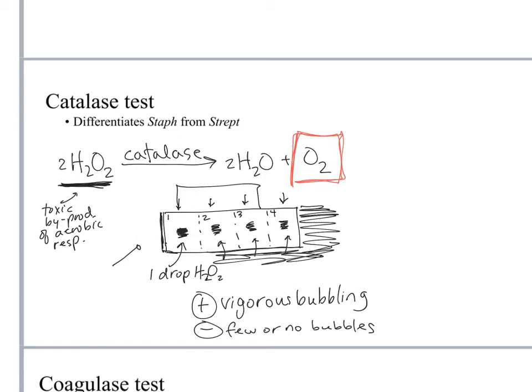Okay, so we make catalase in our cells as well. Back in the day, we used to use hydrogen peroxide as an antiseptic. Say if I'd fall and skin my knee, Mom would put hydrogen peroxide on there and it would bubble a whole bunch.